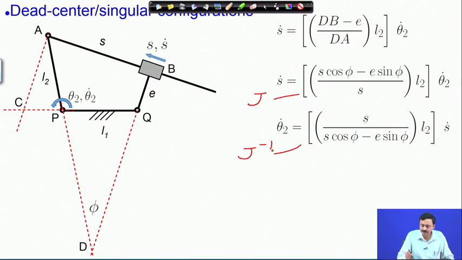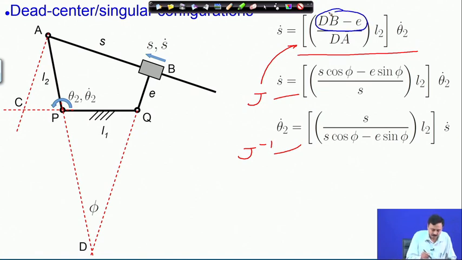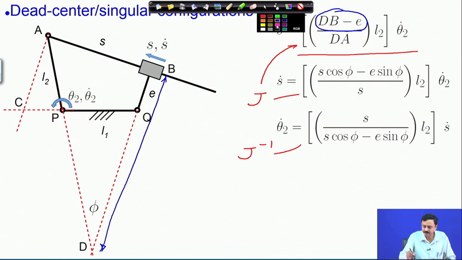The question is, when is the Jacobian 0? It is very easy to see from the first expression that the Jacobian goes to 0 when the numerator vanishes, which means dB is equal to E. So, this distance becomes equal to E. Now, how can this happen? This can happen in this way.